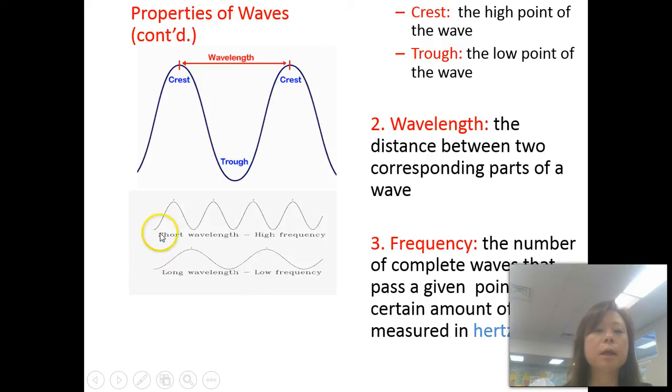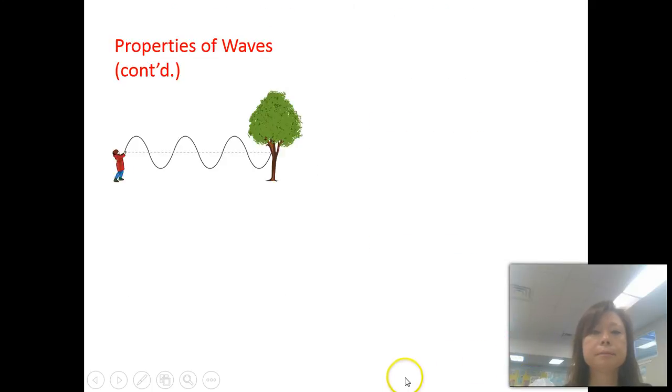If you and a friend held the ends of a jump rope and one of you did a slow wave like this one, and then did a fast one like this, which one do you think they would feel more energy from? If you pick the fast one, you would be correct. Frequency is measured in hertz.